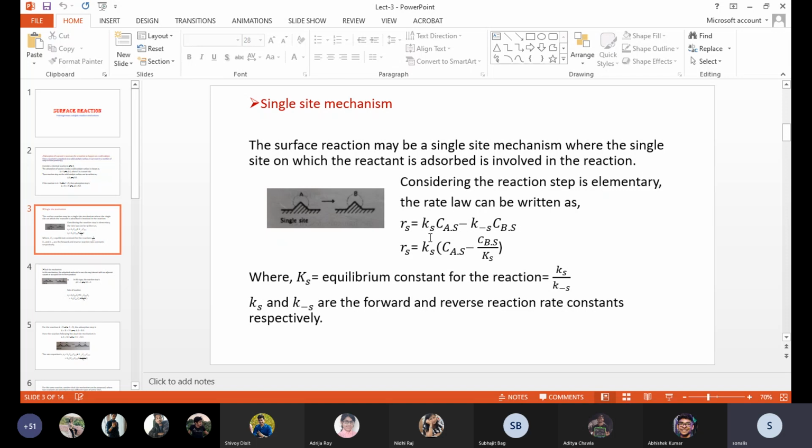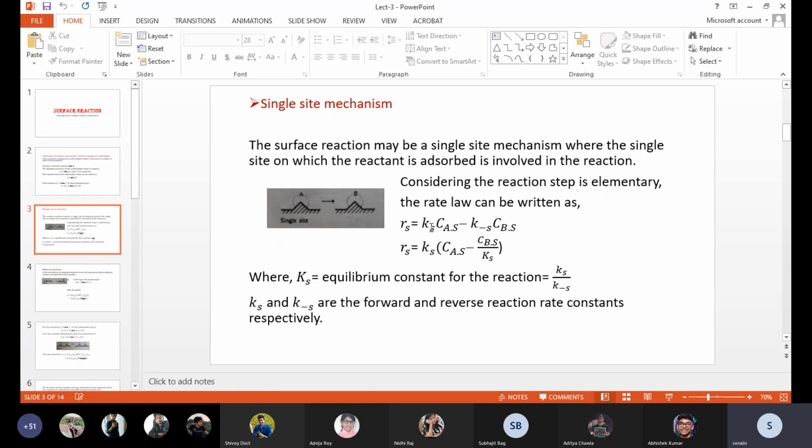So ks, the forward reaction rate constant, into the concentration of the site complex, minus k of minus s, the reverse reaction rate constant, which is A·S to B·S to A·S, just opposite. We have taken k of minus s as the reverse reaction rate constant into the concentration of B·S. This is the overall rate of the reaction.